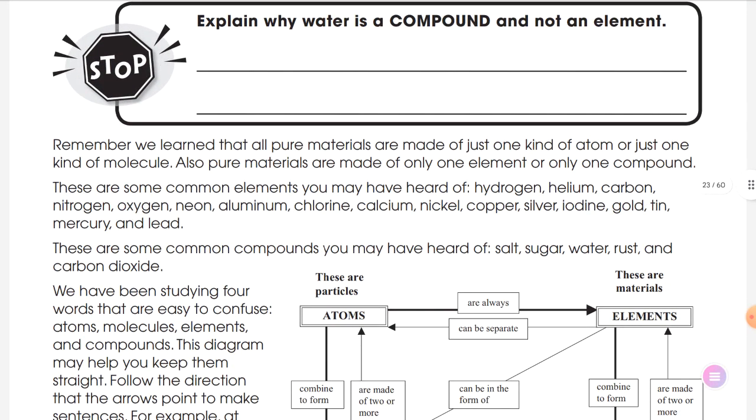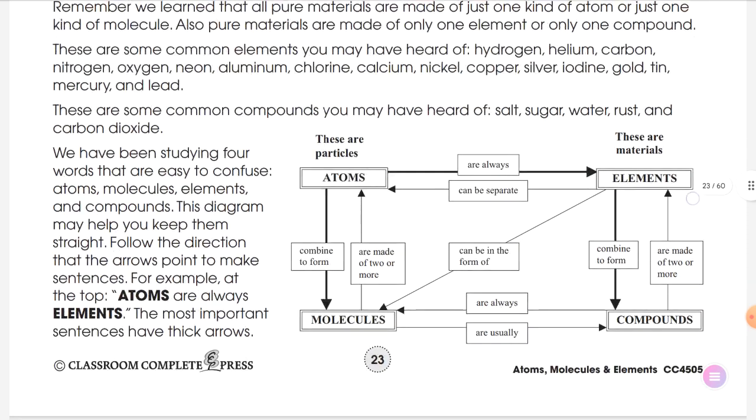Okay, it says, these are some common elements you may have heard of: hydrogen, helium, carbon, nitrogen, oxygen, neon, aluminum, chlorine, calcium, nickel, copper, silicon, iodine, gold, tin, mercury, lead. These are some common compounds you may have heard of: salt, sugar, water, rust, and carbon dioxide. We have been studying 4 words that are easy to confuse: atoms, molecules, elements, and compounds.